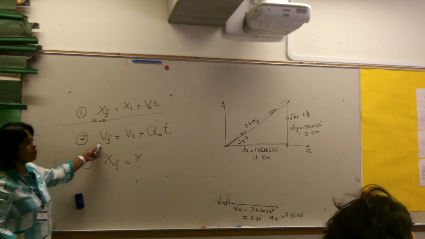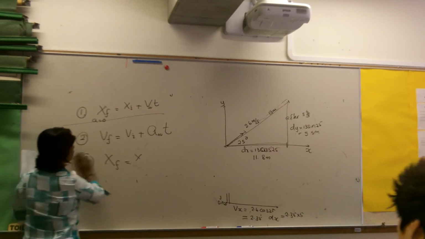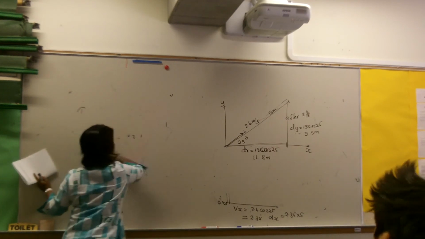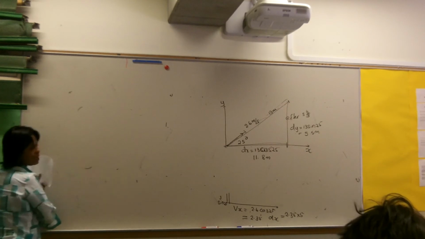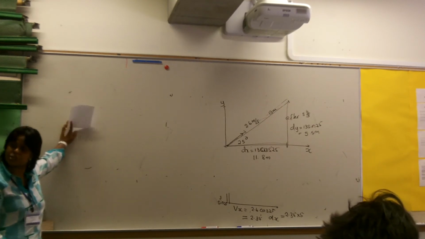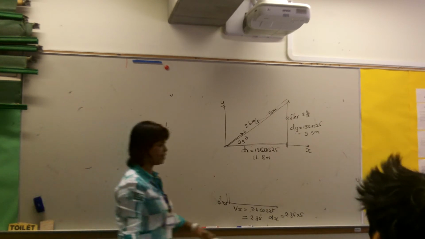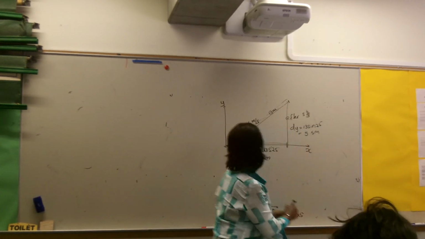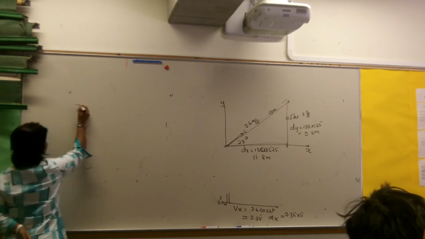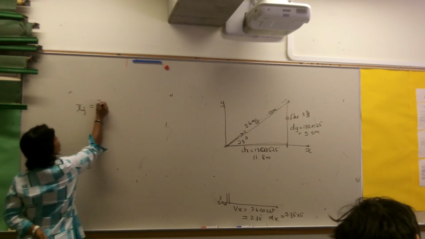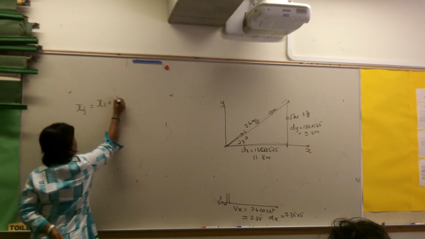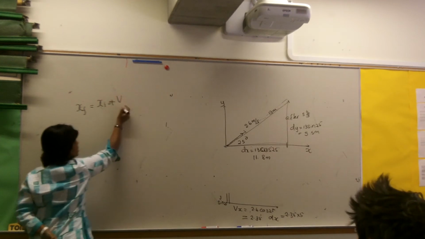But guys, we are going to organize this now. All your formulas, let's try to divide them into 2 formulas. It's not very difficult, we are just thinking about the direction. So you have x final is equal to x initial plus velocity in what direction?